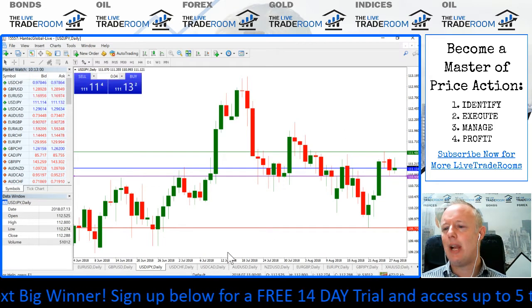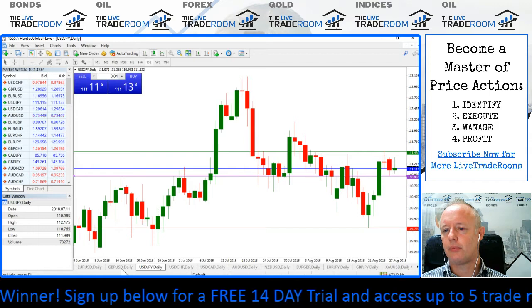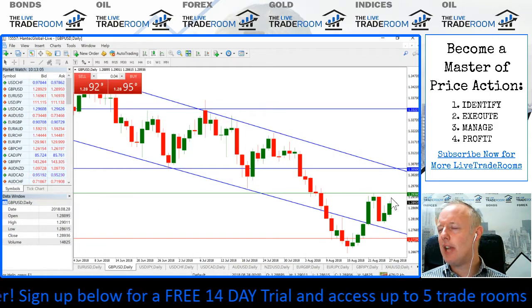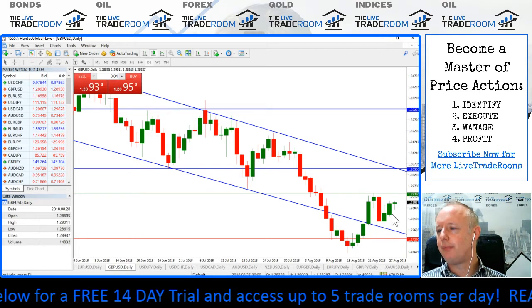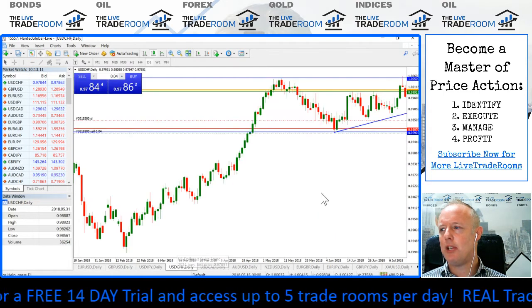So let's see if we get a little break to the downside. With the pound dollar, it's really seeing these prices break above the 29.36. That would be the high probability trade there.